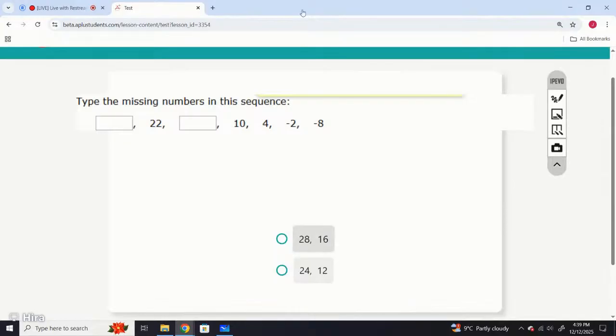That is 28 and 16. The missing numbers are 28 and 16.